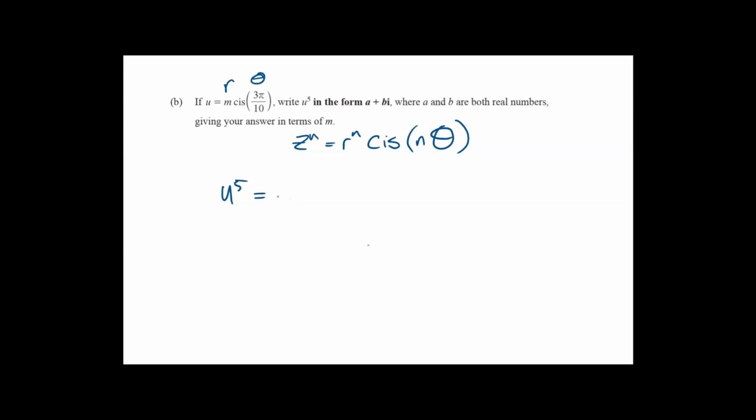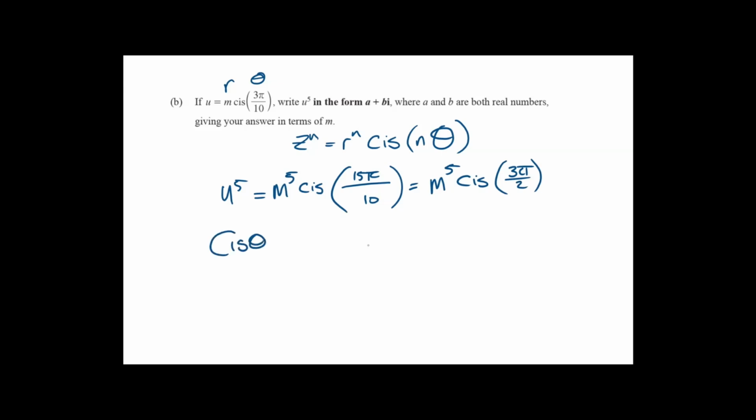So u to the power of 5 is going to be equal to m to the power of 5, cis 5 times 3 pi over 10, which I think we can simplify, can't we? It's going to be 3 pi over 2. All right, but that's not necessarily in the form that we want.